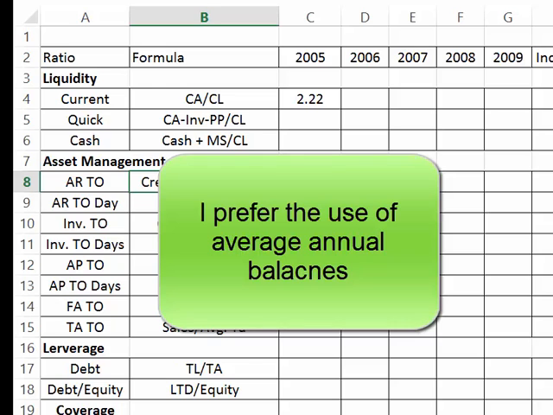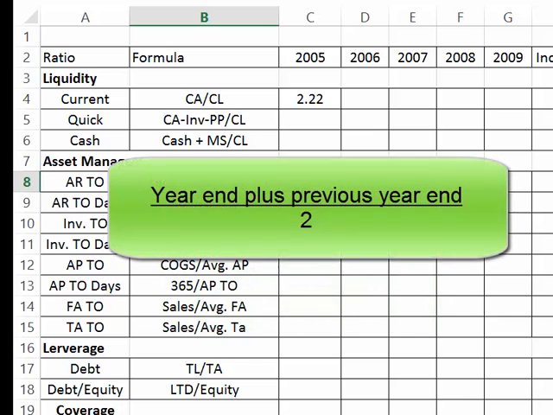If you use the year-end balance, there could be some seasonality or other issues that are skewing that number. So I think it's a good idea to take the average AR by taking the year-end balance from the previous year and the ending balance from the year you're analyzing and come up with an average there just by adding them and dividing by 2.